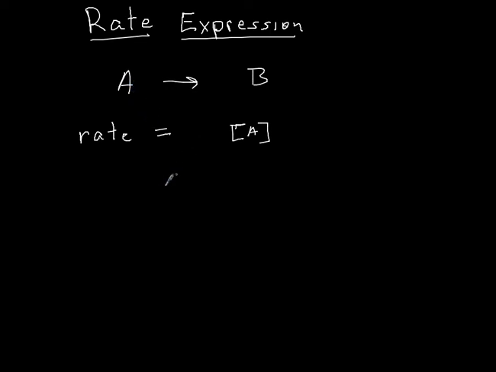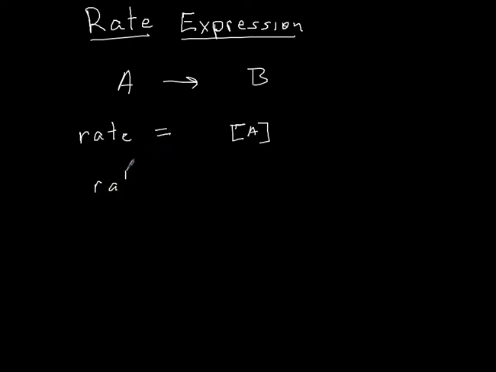And that value is going to be related to the concentration of A, right? And we changed the parameters of the reaction. We changed the concentration of A. Let's say that we took the concentration of A and we doubled it. And if the rate doubled, then we know that there's some relationship between the concentration of A and the rate.